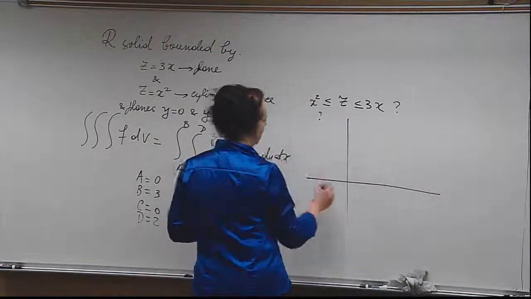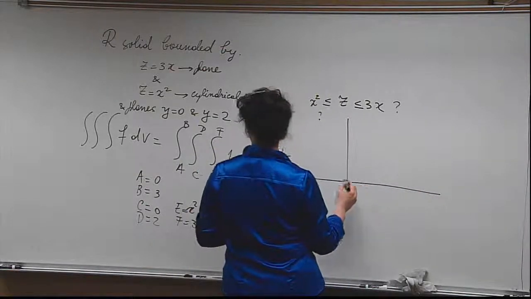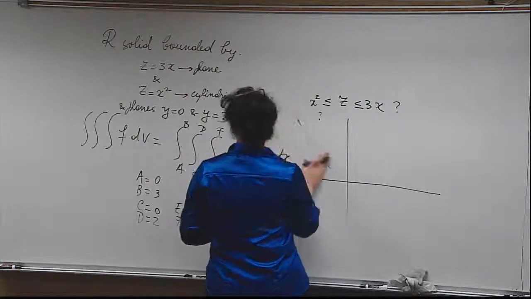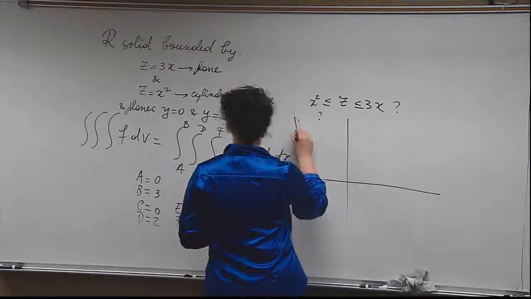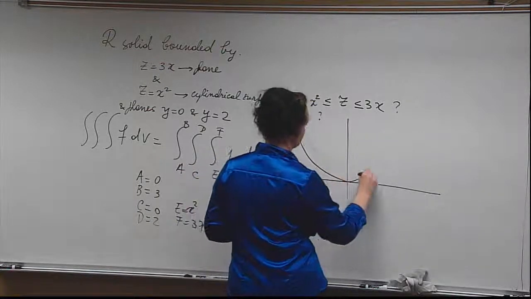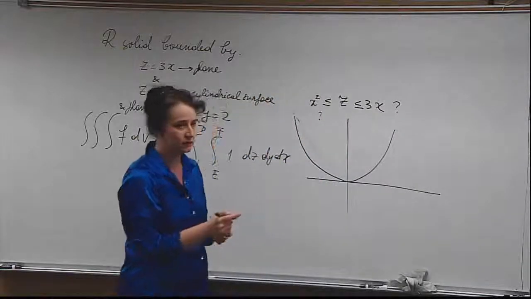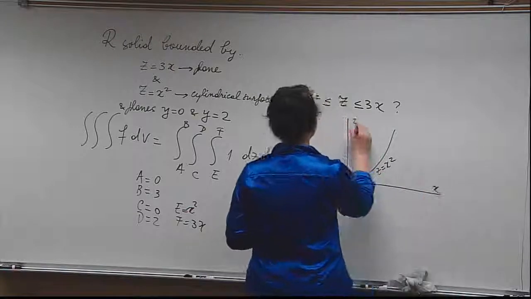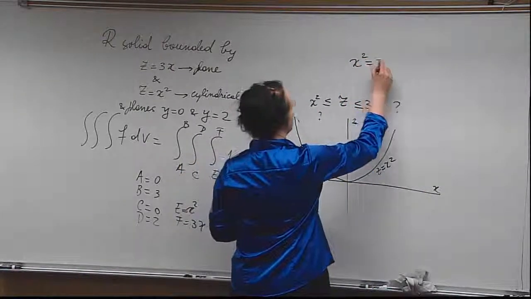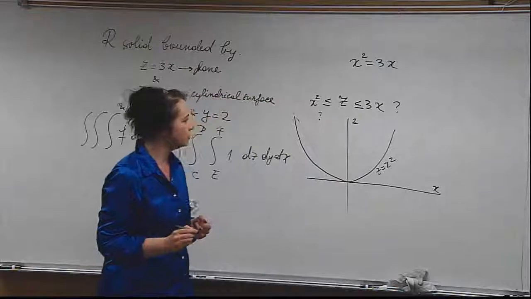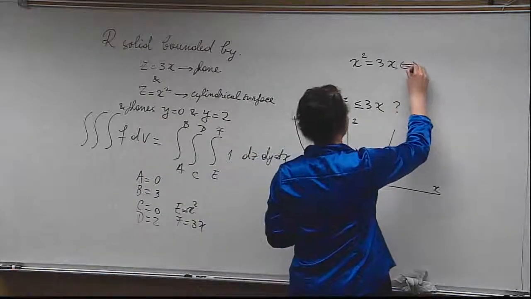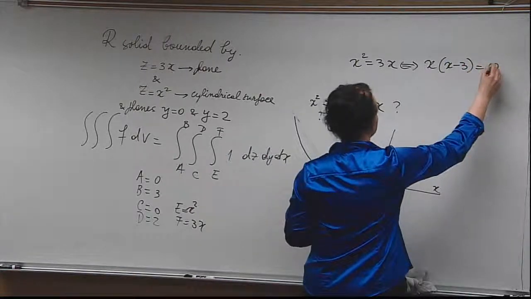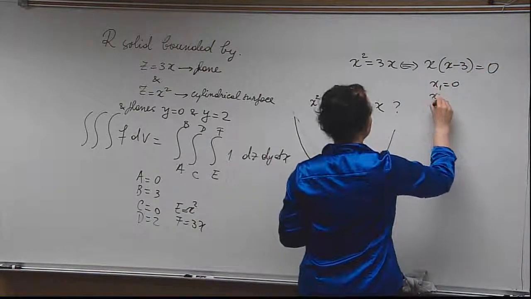When you draw it like that, do these guys intersect? We are in the xz plane. Do x squared and 3x intersect, and where? This would mean they intersect at 0 and at 3. x1 is 0, x2 is 3.